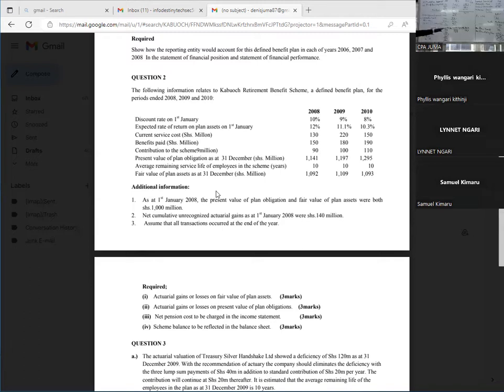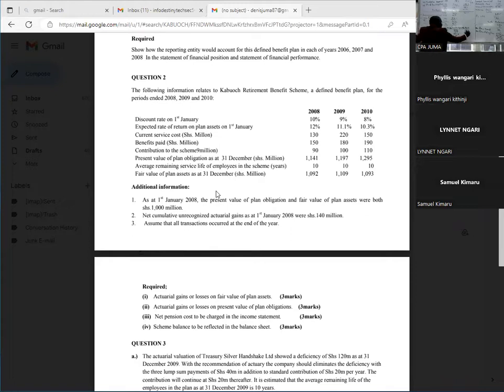Then go down, reconcile the net, and you get the balance brought down for 2010. For the year, we gained how much? 62.48. To profit account, which is OCI, we have transferred nothing. So how much is the balance carried down? 169.48.